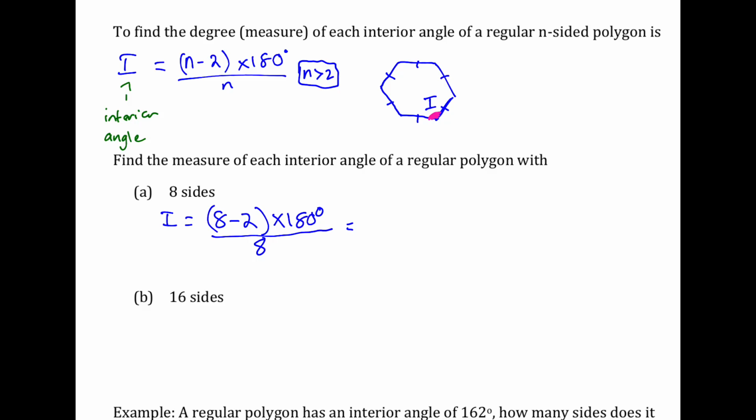And put that in my calculator just to make sure, test myself. 6 times 180 divided by 8. 135 degrees. So in an octagon, an 8-sided shape, each interior angle between these two sides would be 135. This is a hexagon, so it's a little different. But in an octagon, it's 135 degrees. Fantastic.